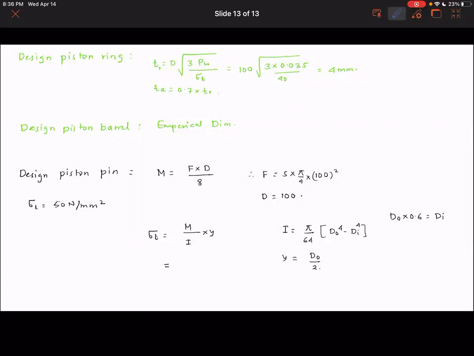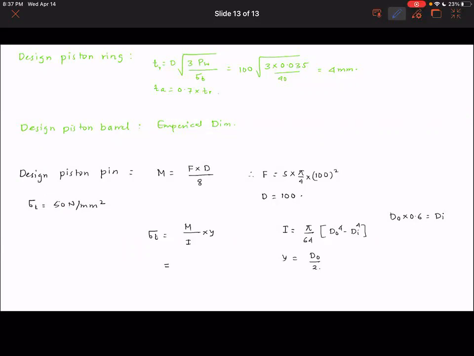And if you look at the notes that are uploaded on the Canvas, I have actually solved a piston design problem step by step. And there is also a video lecture that talks about the piston design problem step by step. I believe we have one more lesson left. So 21st would be the last lesson.